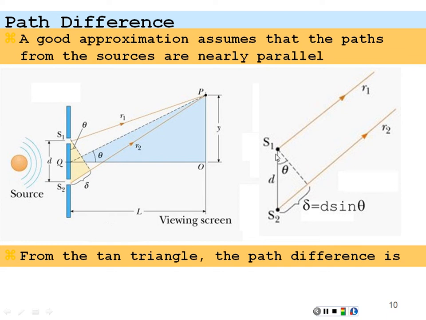And if I look at this triangle, which is a right triangle here, more or less, with the distance d between the slits being my hypotenuse of that right triangle, we see that the distance delta is going to be equal to d times the sine of theta, where theta is actually the angle from the middle part of the screen to our point P on the screen. So this triangle here that has theta here is the same as this theta here and this smaller triangle here.